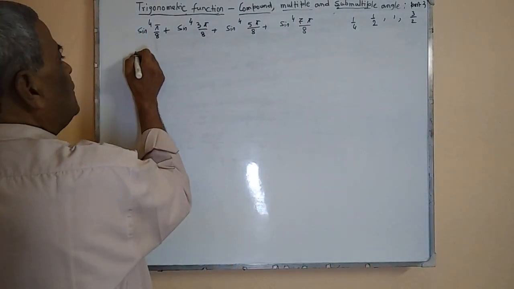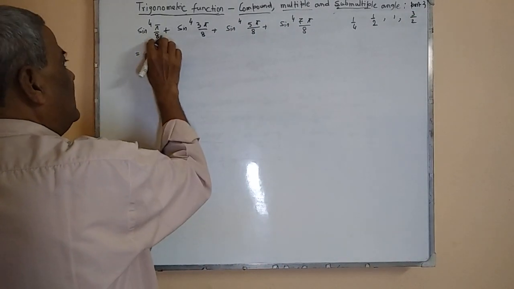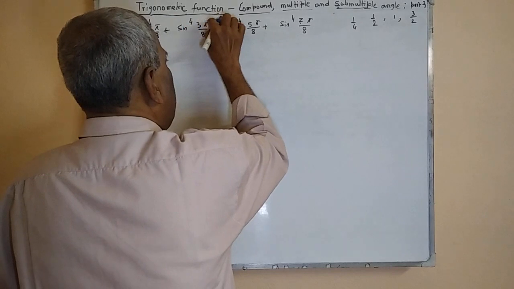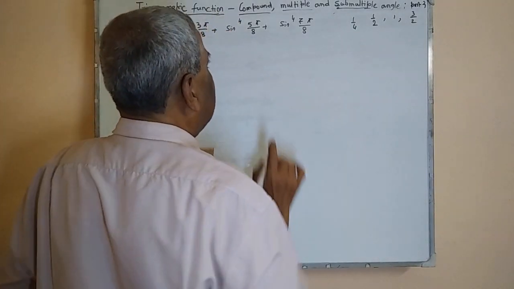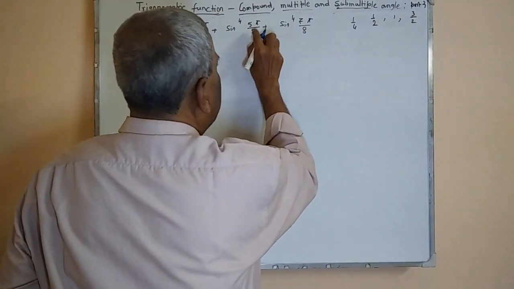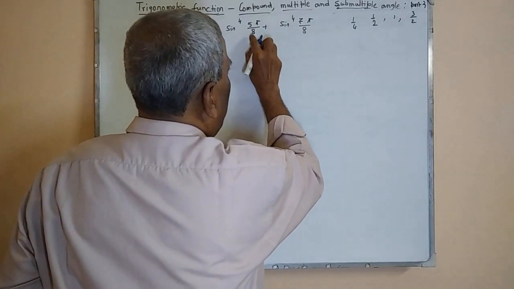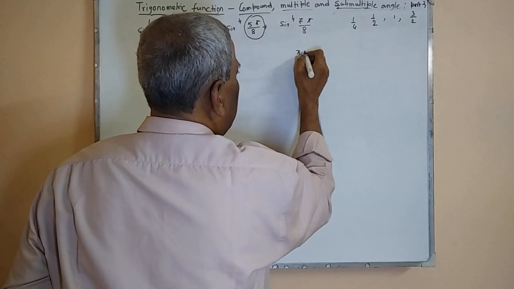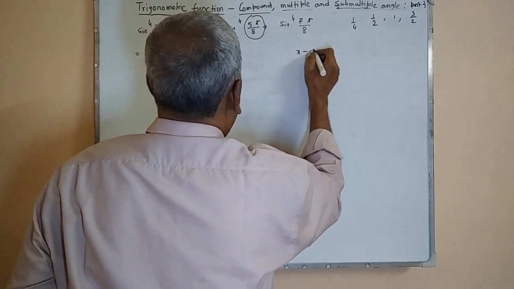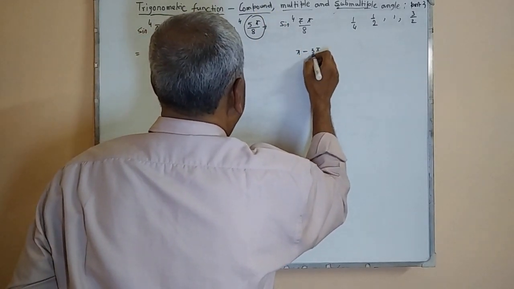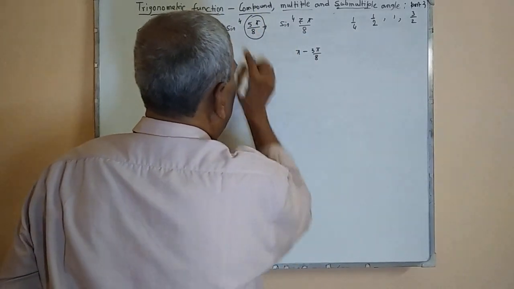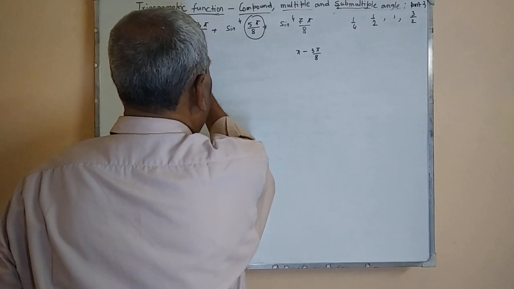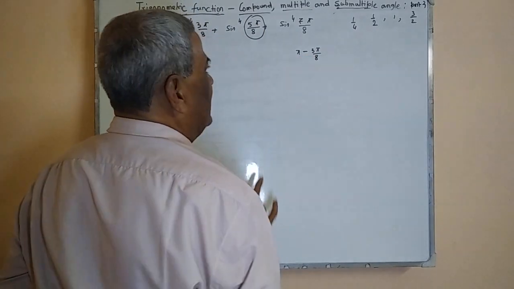Sine to the power 4 pi by 8 and sine to the power 4 3 pi by 8 keep intact. Sine to the power 4 of 5 pi by 8 is pi minus 3 pi by 8, so it is equal to sine to the power 4 3 pi by 8.